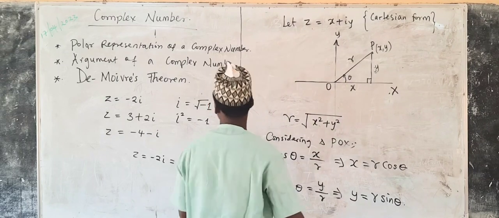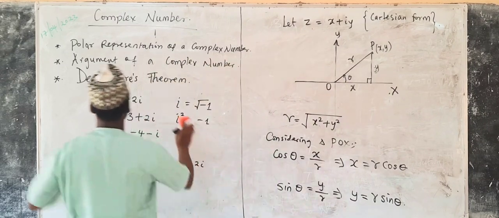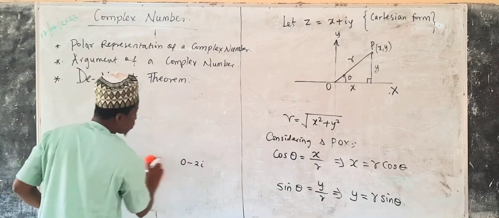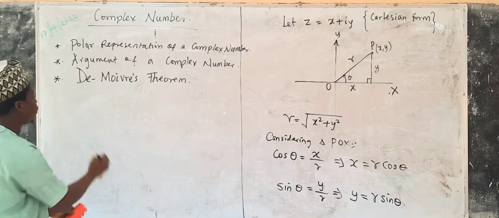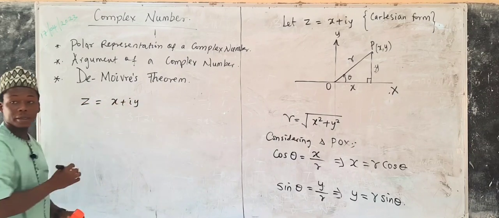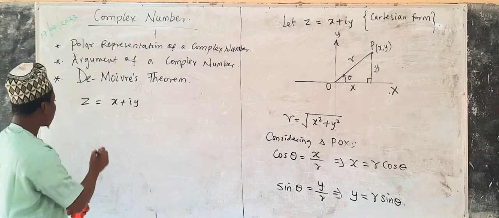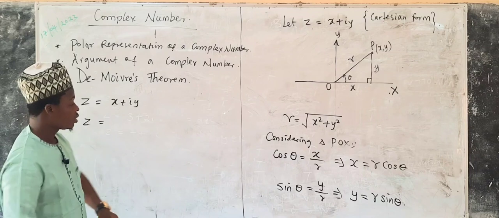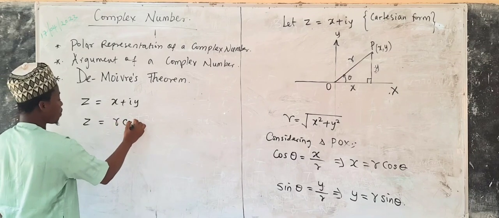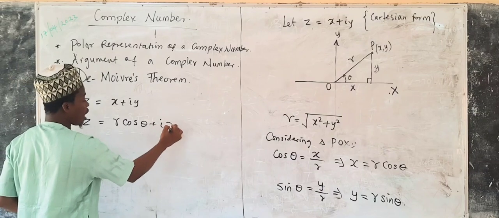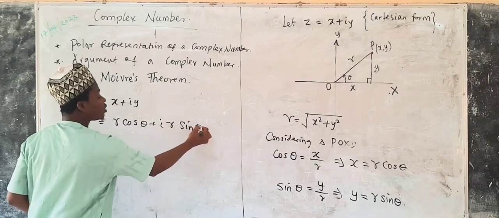So by so doing, we have that the Cartesian form is x plus iy. In further form, we have z equal to, our x is r cos theta, plus i times r sin theta.